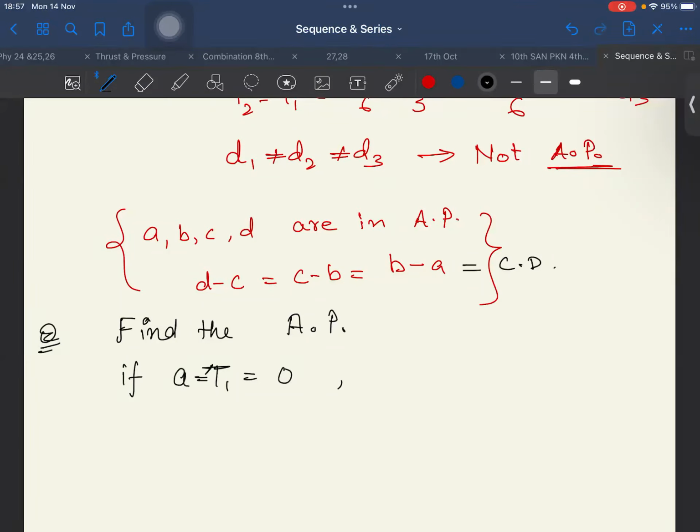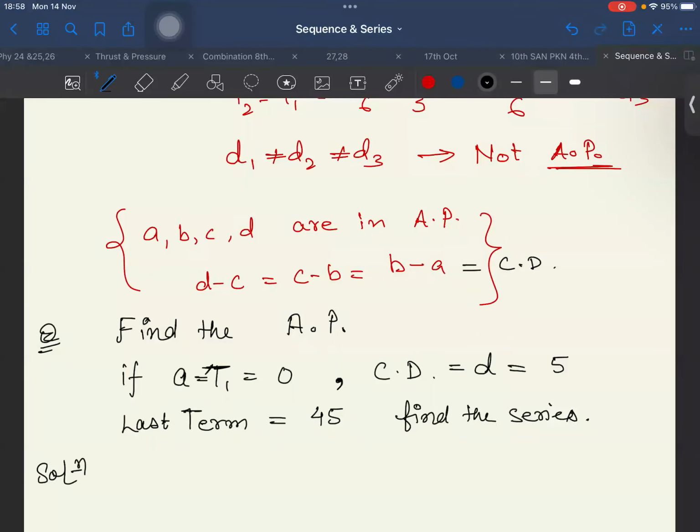So I'm writing T1 is 0 and common difference D is 5. The last term is 45. Find the series. It's very easy, right? Easy for you guys? Tell me.